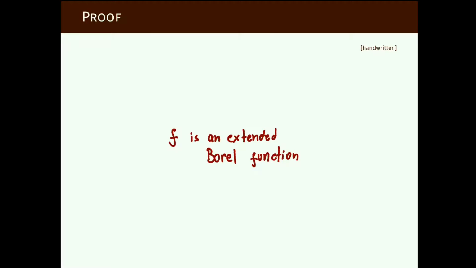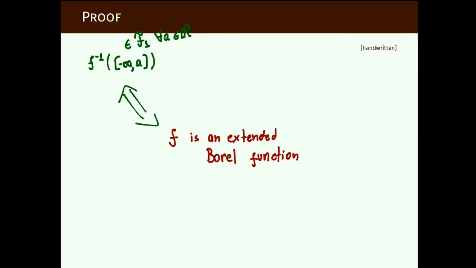And now in order to prove the lemma, let's prove the equivalence that f is an extended Borel function if and only if the pre-image of this closed interval that includes minus infinity is in F1 for every finite A, so let me write here real A. And what does it mean?